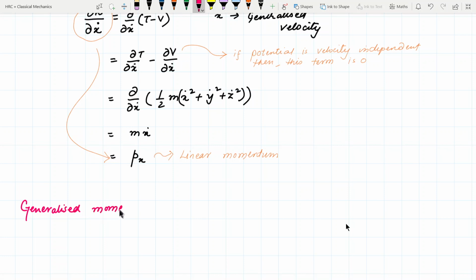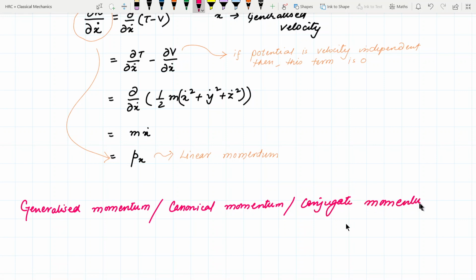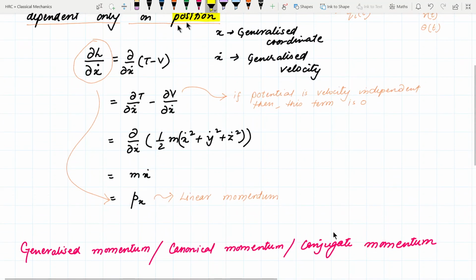Generalized momentum, or canonical momentum, or conjugate momentum. In this manner, you take the partial derivative of the Lagrangian with respect to some generalized coordinate's velocity, and the component of the momentum along the direction of that generalized coordinate is equal to this quantity.